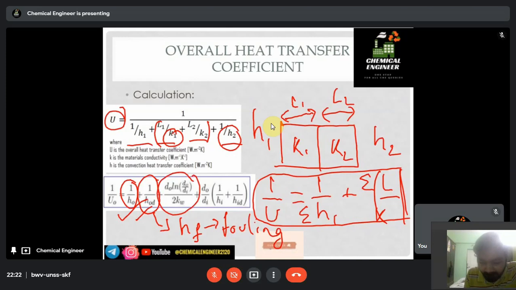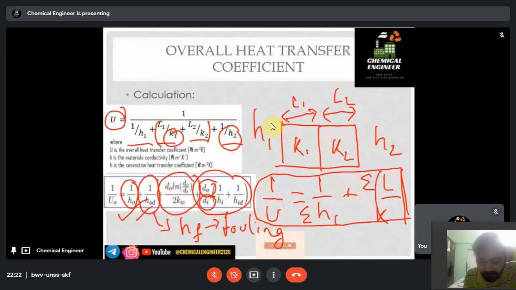This is for the inner pipe and this is the outermost heat transfer for the outer pipe. Okay, d naught by di is multiplied because in the equation of the Q value for a cylinder we have that extra term, so that is why d naught by di is multiplied. So this is how we can calculate the heat transfer coefficient.